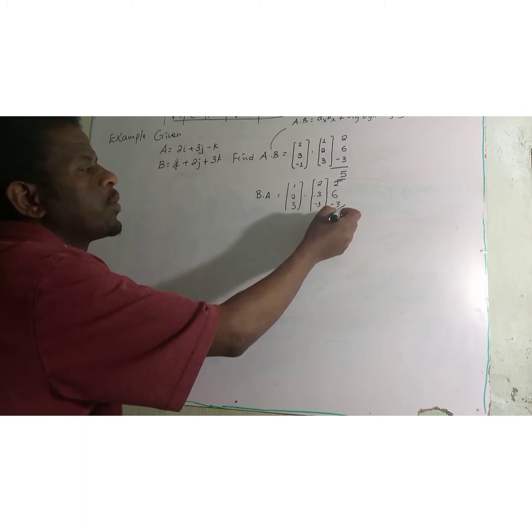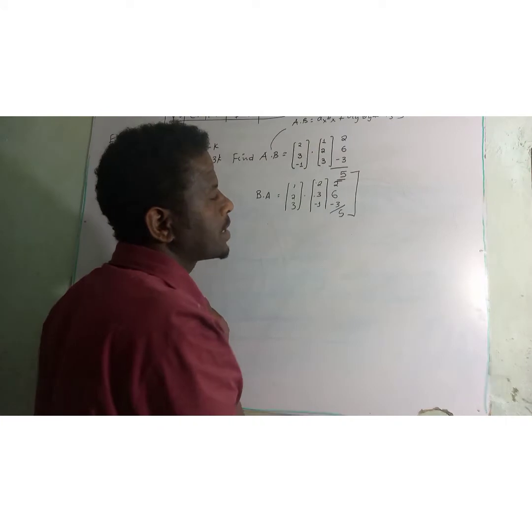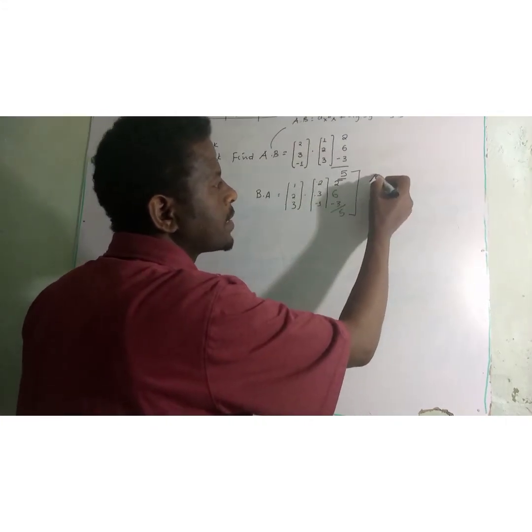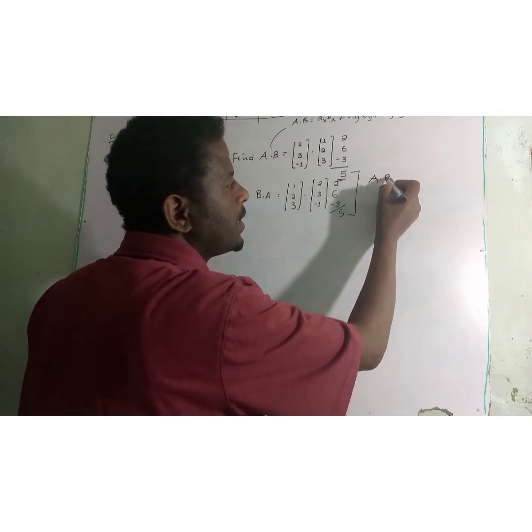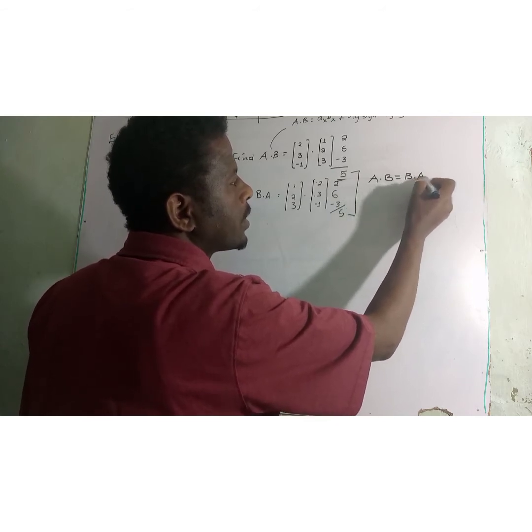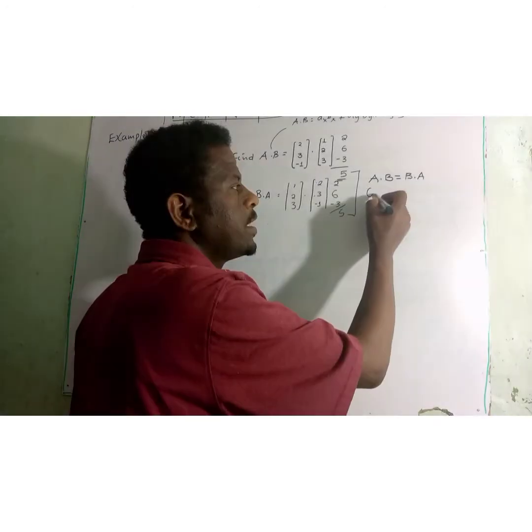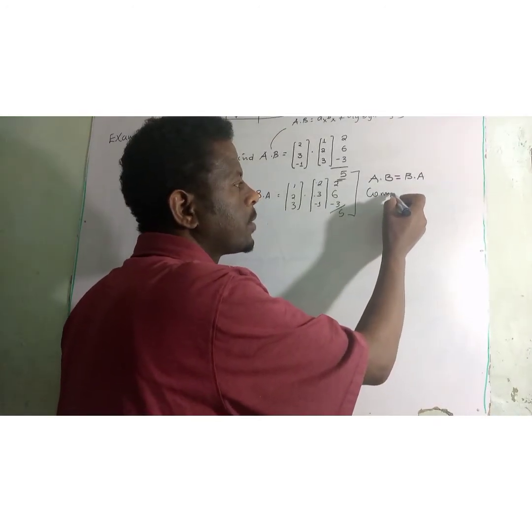This equals 5. From these two results, we observe that A dot B is equal to B dot A. This is what we call the commutative property of the dot product.